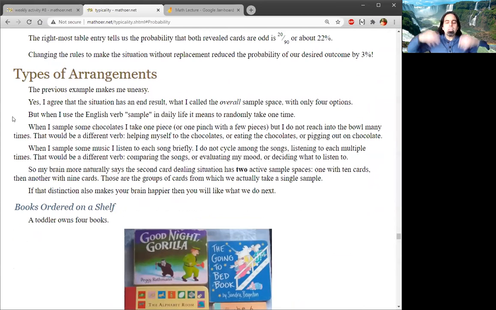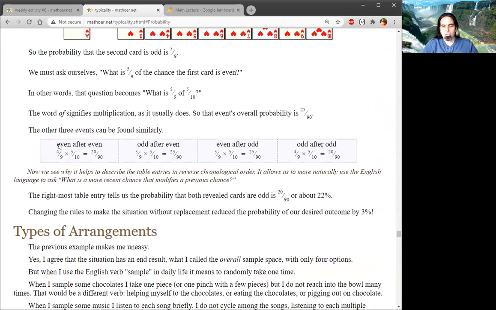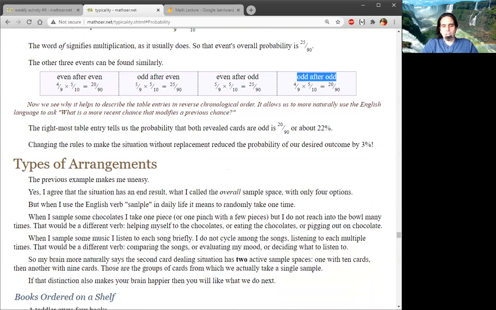Okay, the previous example with cards, where we put 2 cards down, makes me uneasy. And I agree that the situation has an end result, what I called the overall sample space with 4 options: even after even, even after odd, odd after even, and odd after odd. But when I use the English verb sample in daily life, it means to randomly take one time.